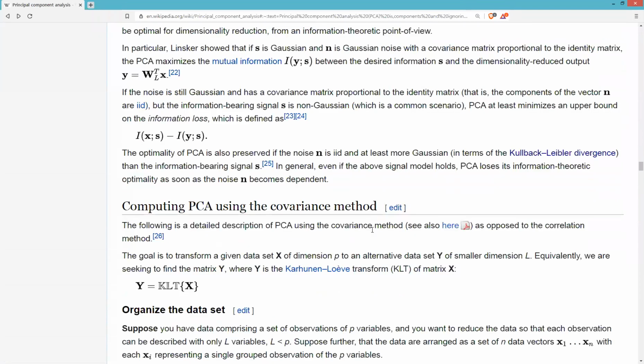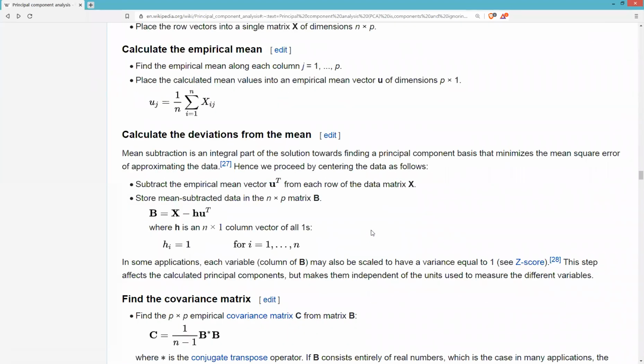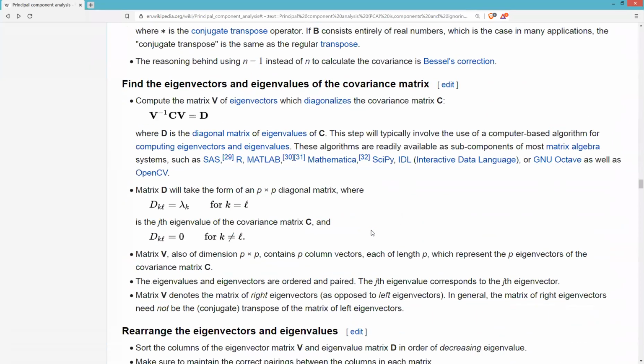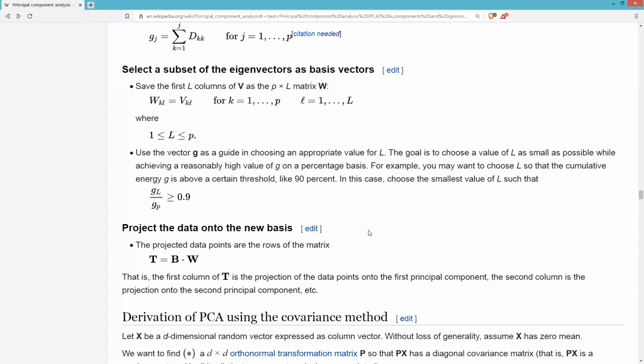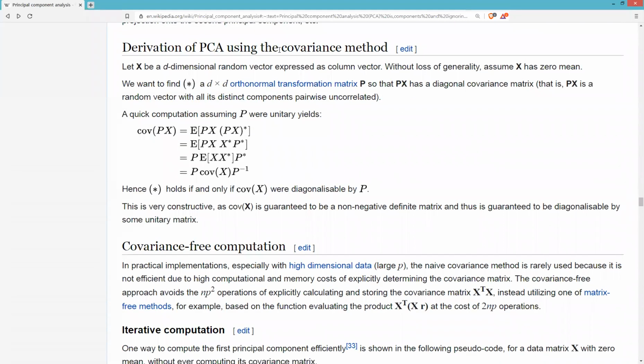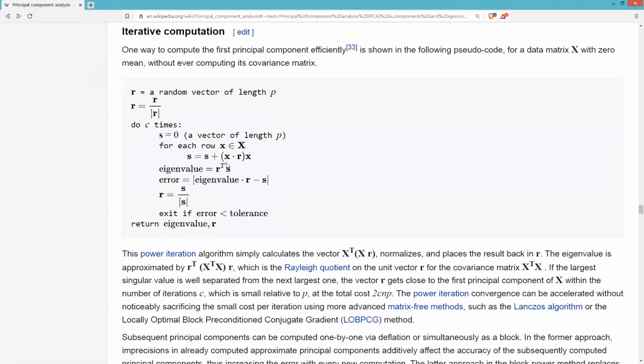PCA and information theory, you can skip. Derivation of PCA using the covariance method, you can skip, because this is basically code to find the principal components. Basically we are doing eigenvalue decomposition.